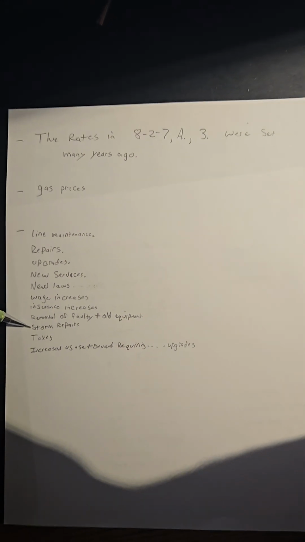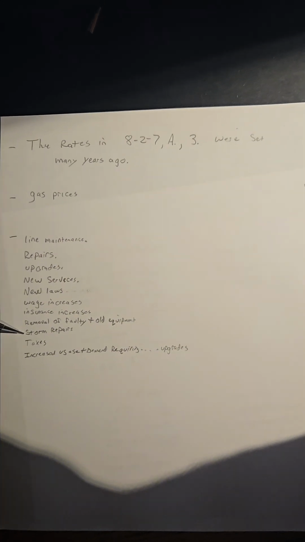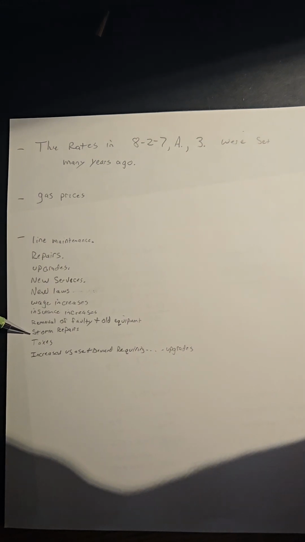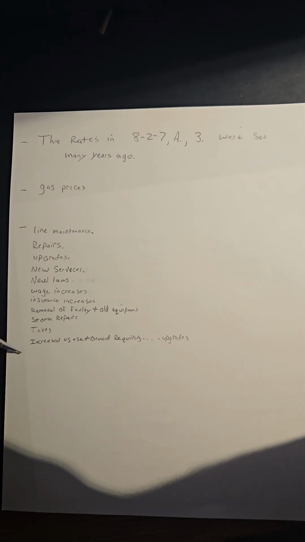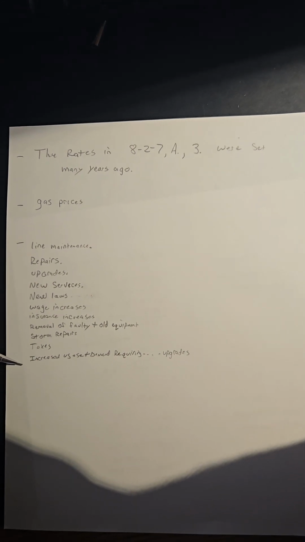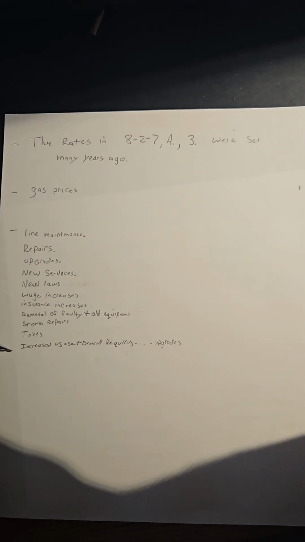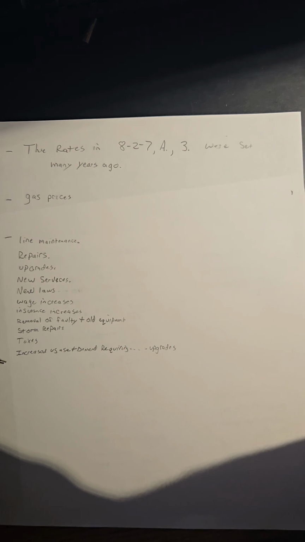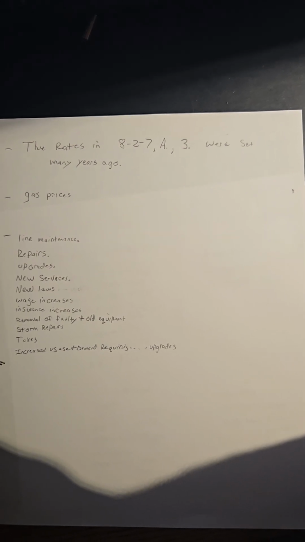Storms that come in and break poles, throw lines down. Linemen that are out in the middle of the night. Taxes that the city has paid. And because of our increased usage of electricity, we have a higher demand for electricity.